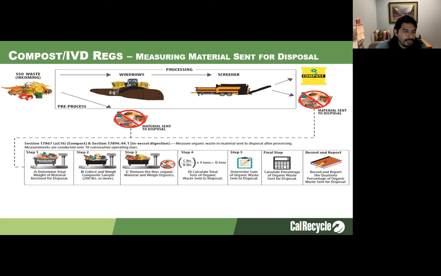Of the sample, they remove the non-organics from the organics, and then they determine the organic fraction. And then once they determine the organic fraction, they can determine the sums of organic waste, which then allows them to get a percentage of organics that's being sent for disposal.